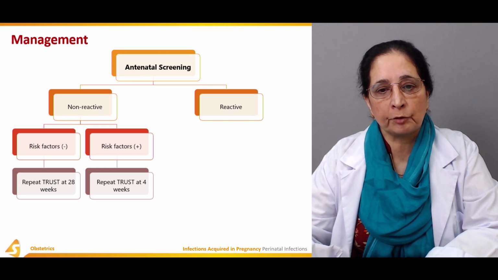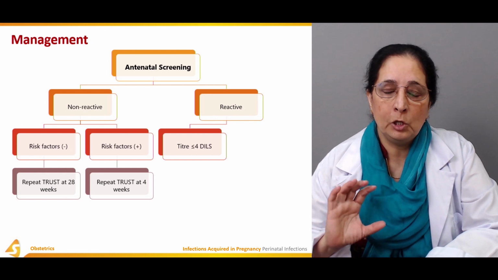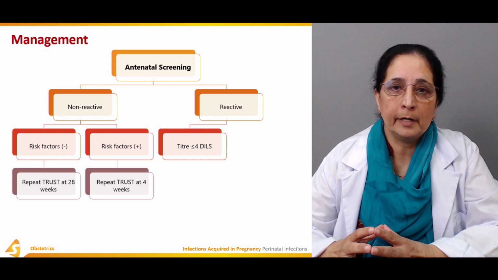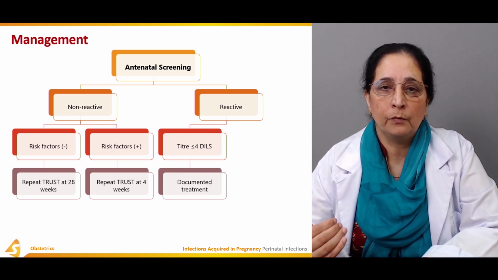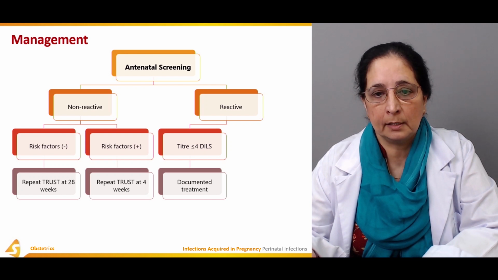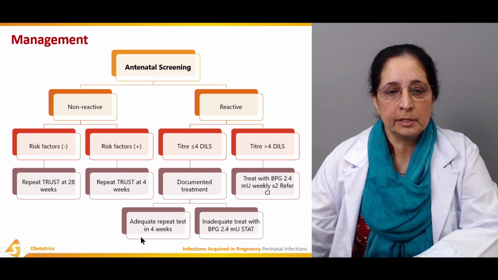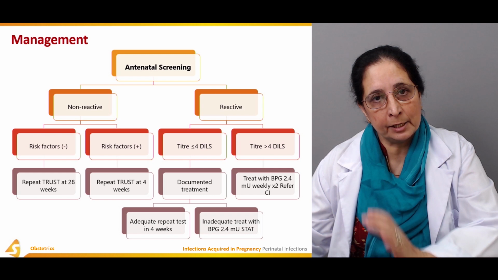If antenatal screening is reactive, then we should look at the titer. If the titer is less than or equal to 4 dilutions, then we go for documented treatment. With documented treatment, if it is adequate, we repeat the test in 4 weeks.